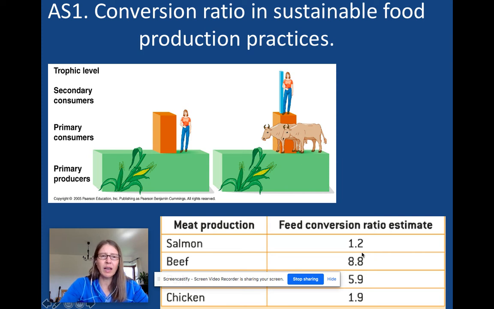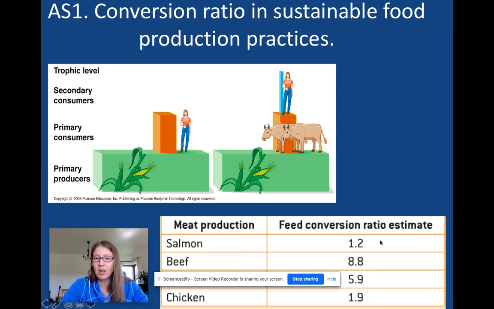So if you feed an animal 100 grams of something, how many grams of meat are you going to get out that you can then sell and eat? So in this example, you can see that for salmon, you have to feed them 1.2 grams of food for every gram of salmon you'll get out as meat.